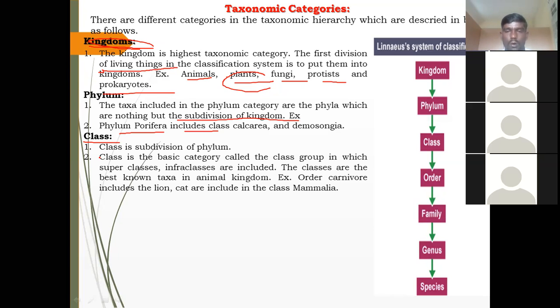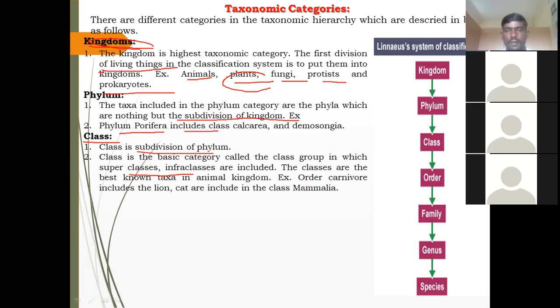For example, order Carnivora includes the lion, cat, which are included in class mammals. Do you understand? These are again subdivisions of phylum. We have to divide it again, because again these animals show some dissimilarity. So if you want a superior result, at that time you are always divisible into a particular class also.